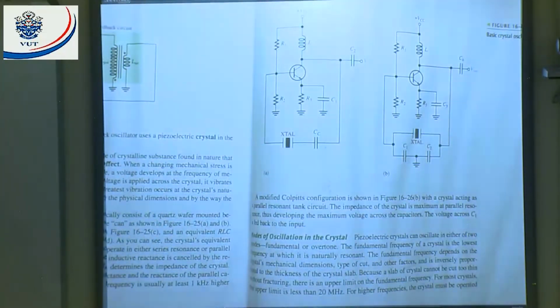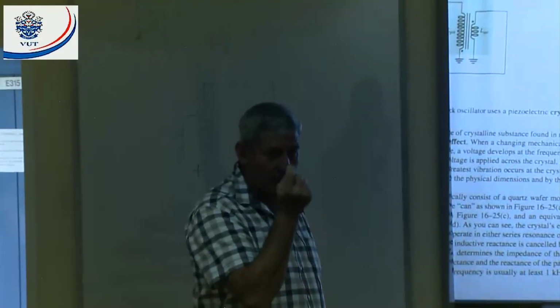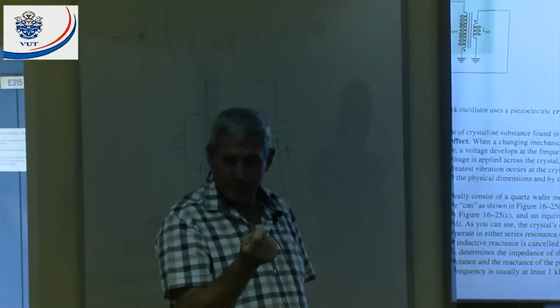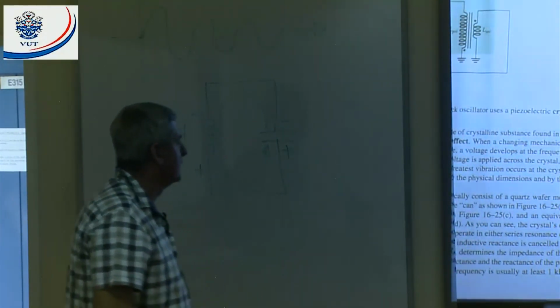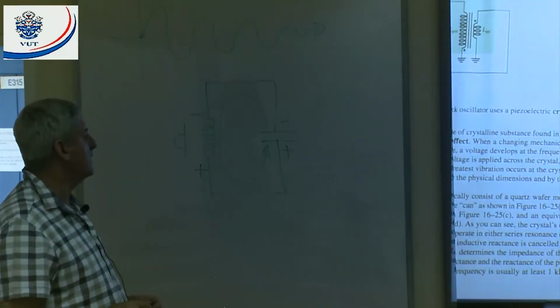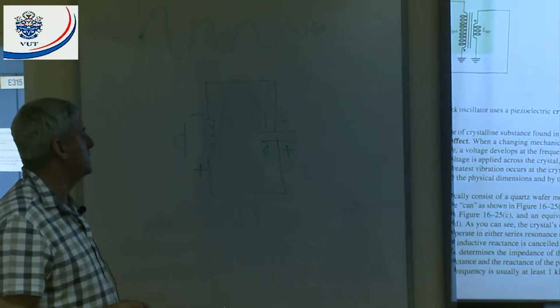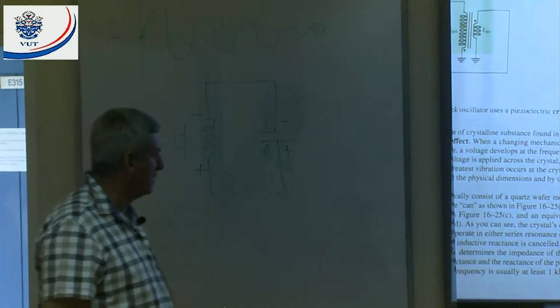They say piezoelectric crystals can oscillate in either of two modes, fundamental or overtone. The fundamental frequency is, if you buy a crystal and they say it's a 1 megahertz crystal, that'll be the fundamental frequency, all right? The fundamental frequency of a crystal is the lowest frequency at which it's naturally resonant.